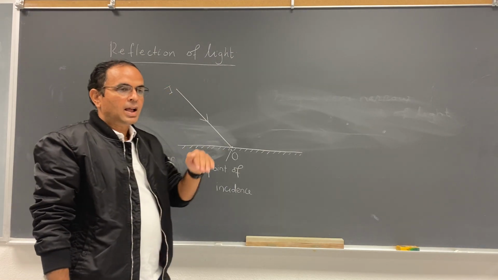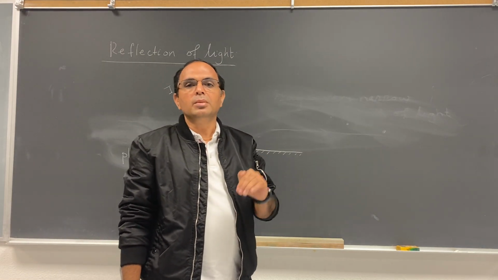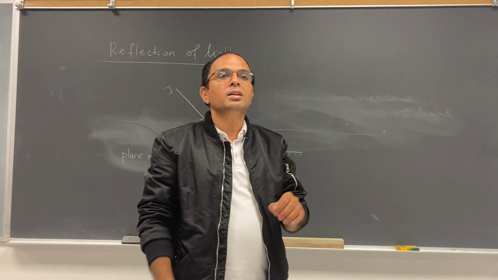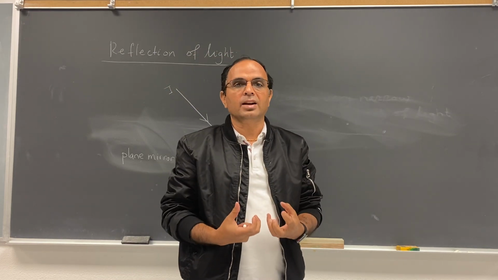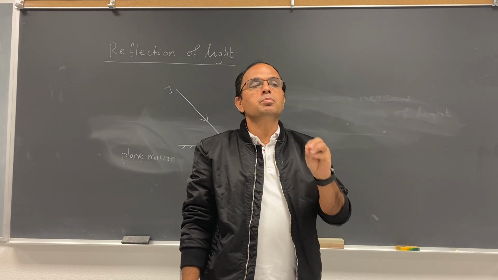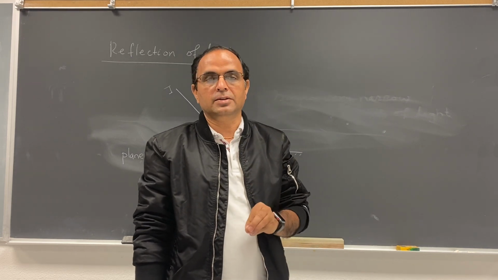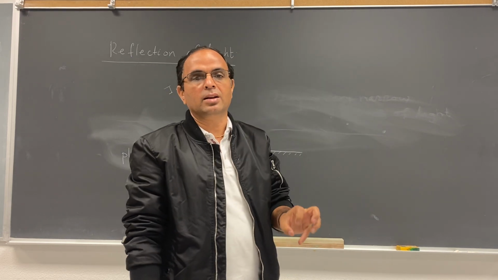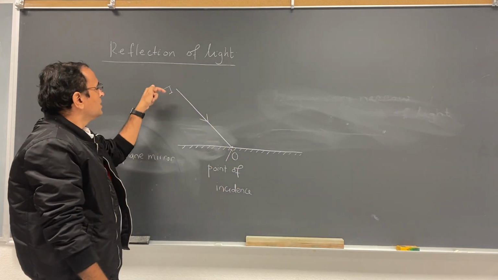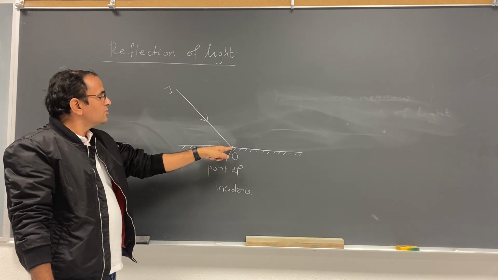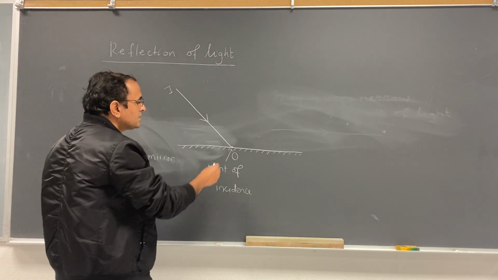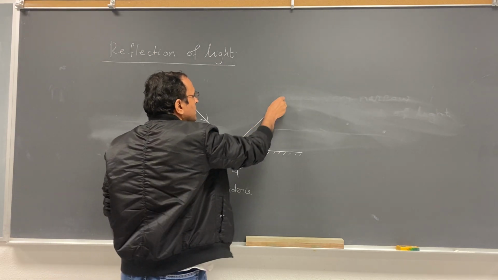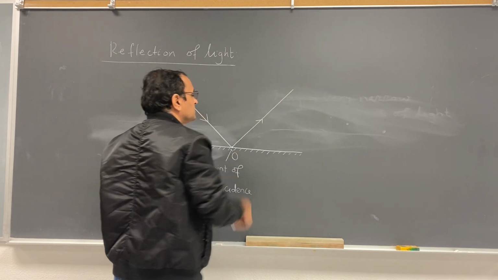So the ray of light strikes on the plane mirror, and the plane mirror is an opaque object. Light cannot pass through the plane mirror. It is opaque. Okay. So what happens is the ray of light after striking here gets back to the same medium like this.